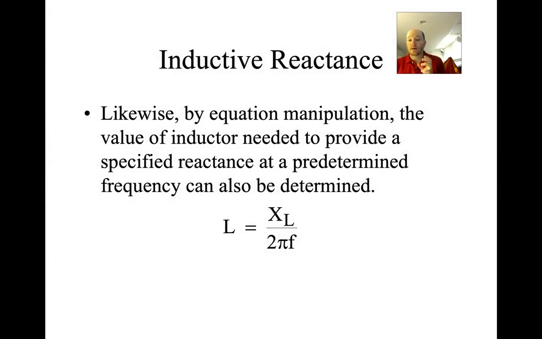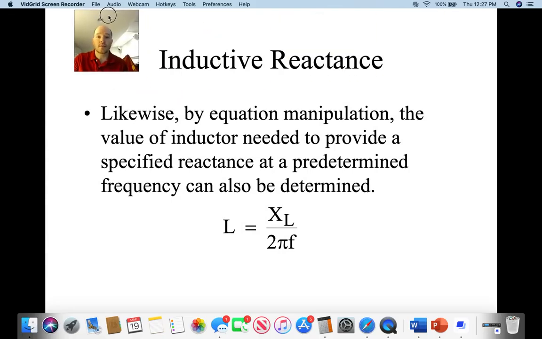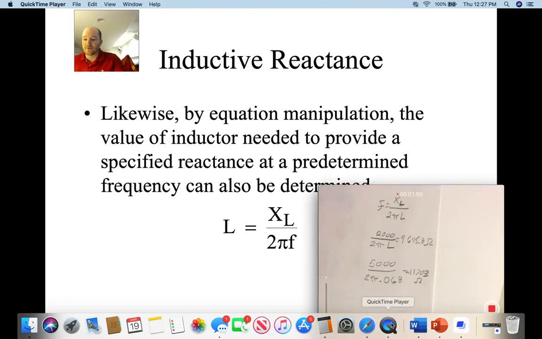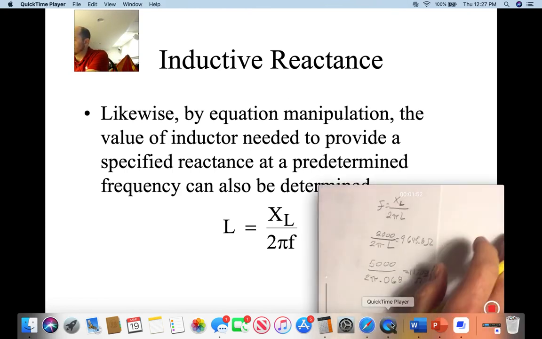Okay, so likewise, by manipulating your X of L, you can determine what inductance you need, what size inductor you need, by basically just swapping out the F and the L. Okay, and so the formula for this is pretty straightforward. Get a new clean piece of paper here.